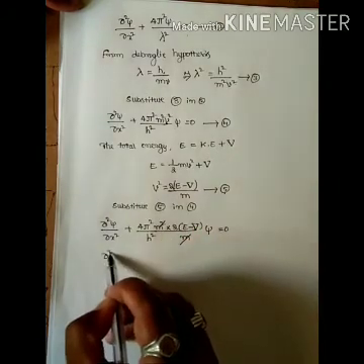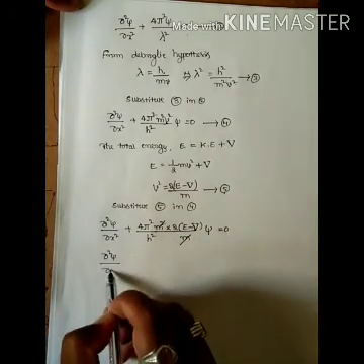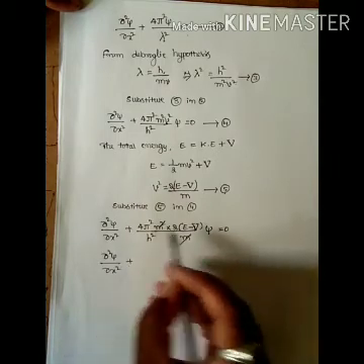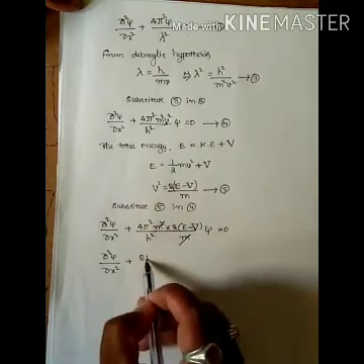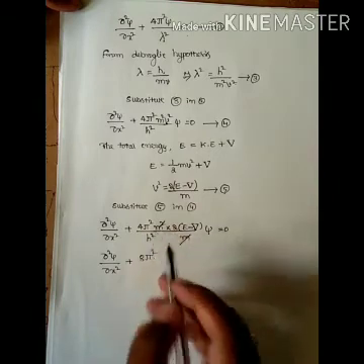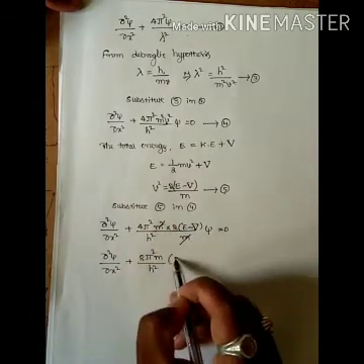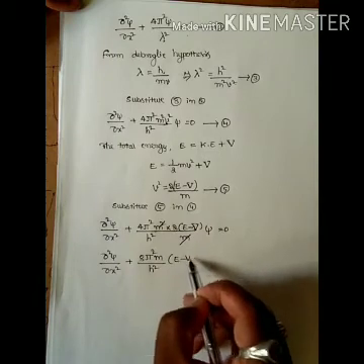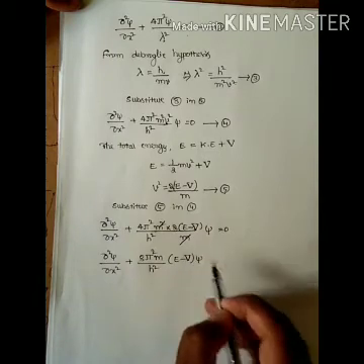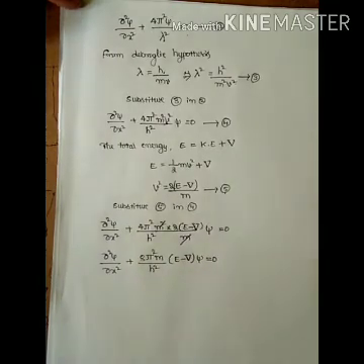So that dou square psi by dou x square plus 4 into 2, 8 pi square m have been left over here, whole divided by h square, into E minus V of psi is equal to 0.